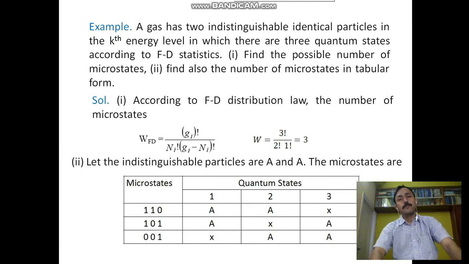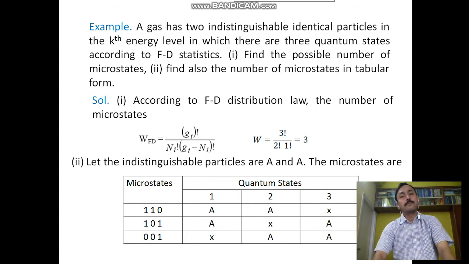Now another example. A gas has 2 distinguishable identical particles in the kth energy level in which there are 3 quantum states. According to Fermi-Dirac statistics, find the possible number of microstates. Find also the microstates in tabular form.